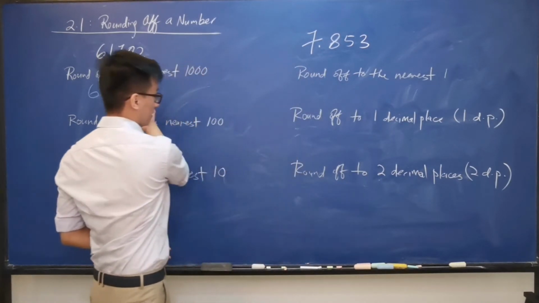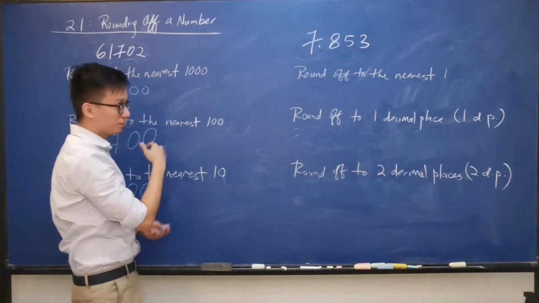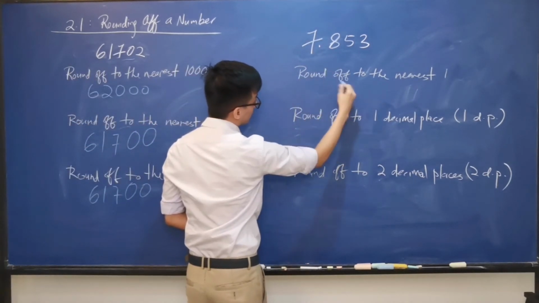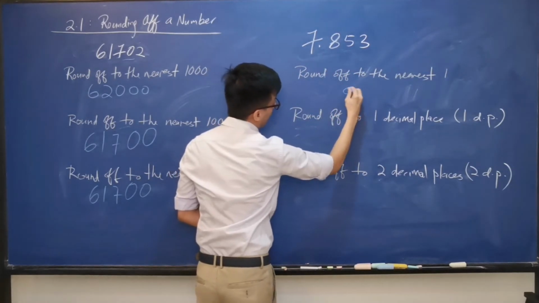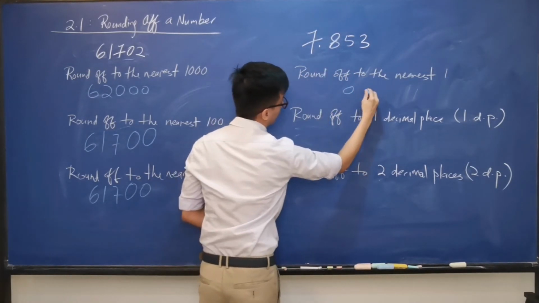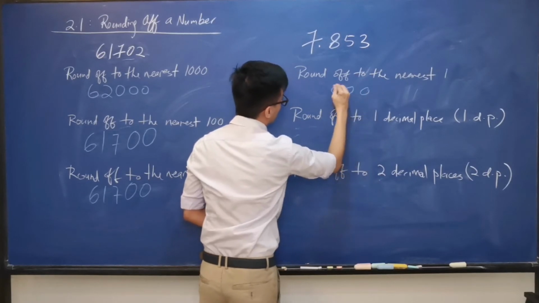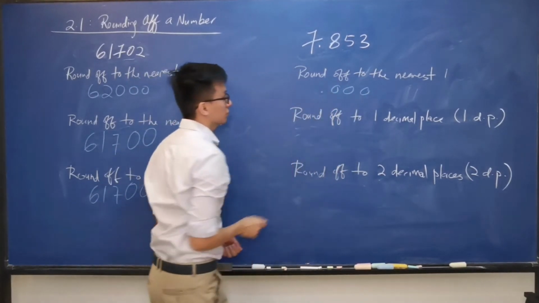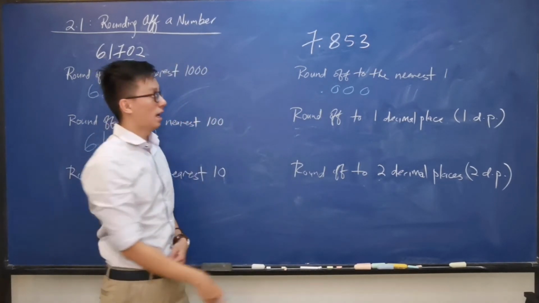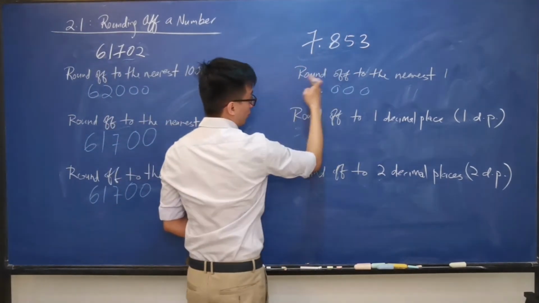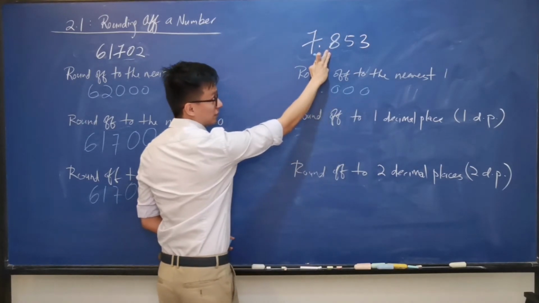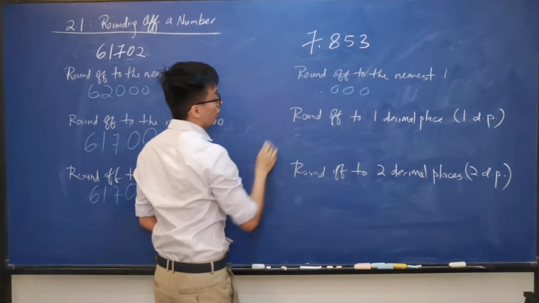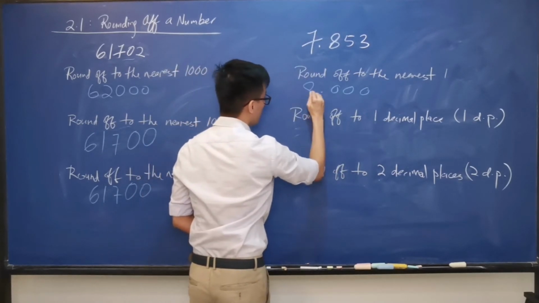Same as the example here, the digits at the right of 7 will all turn to 0. To round off to 1, we will take this number to decide. 8 is more than 5, so 7 will turn to 8.